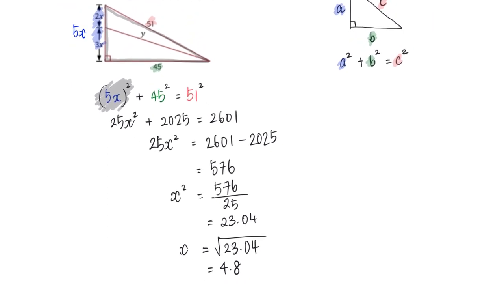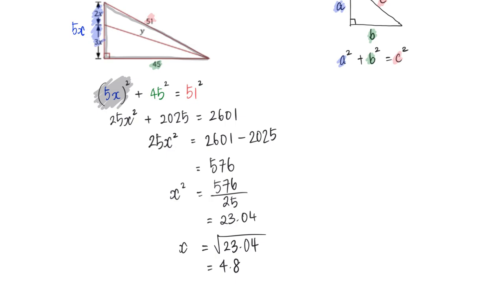And with that, going back to the question, then I will be able to focus on my next triangle, which is this one, the purple color triangle. Okay, so I'm going to redraw the purple color triangle here.